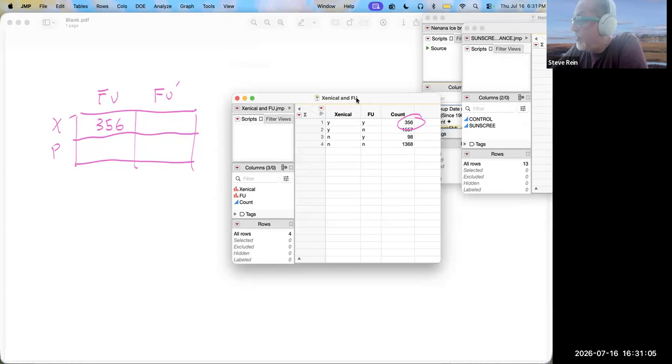And there were in the placebo group, yes, did experience fecal urgency, 98 of those folks. Then we've got 1368 in the no category. Oh, I'm sorry, 1368 and 1557. If you were to add these up, that's 1913 individuals taking Xenical.